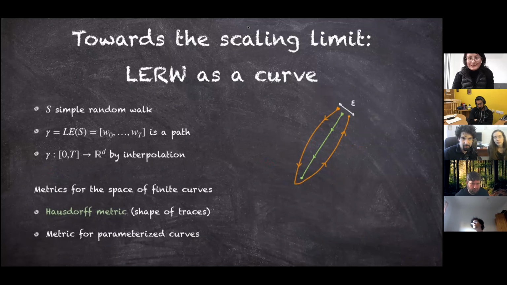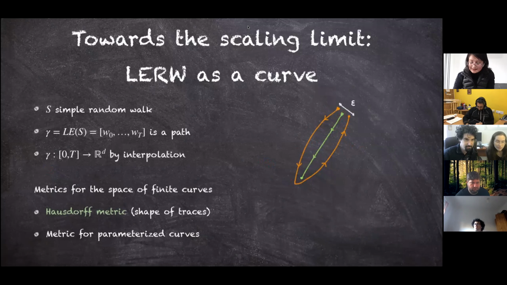So you can pick your favorite. For example, one that is simple is the Hausdorff metric. It is not specifically for curves, but you can think of it as one for curves if you're just looking at the traces. So here I compare the shape of this path with the shape of this other path.